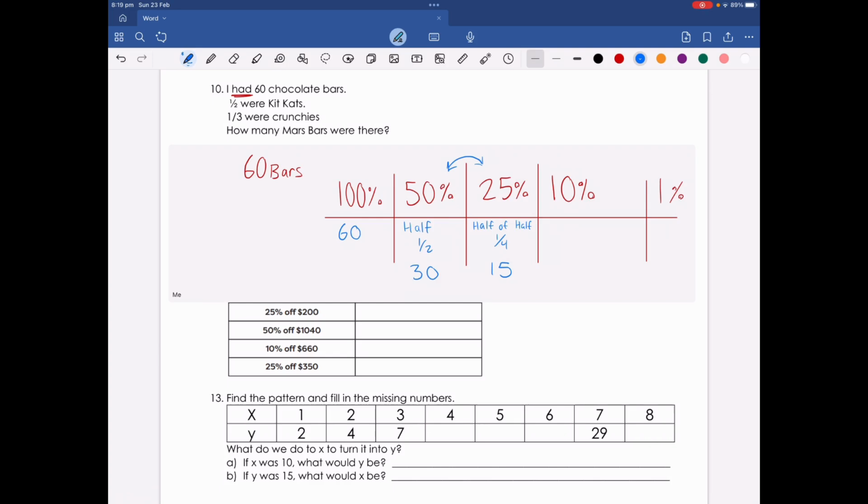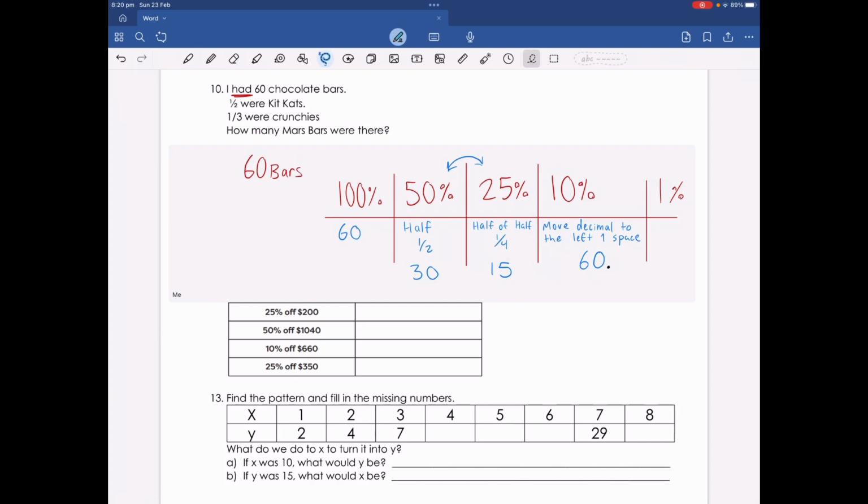Now, what's 10%? The way we work out 10% is we move the decimal to the left one space. So what does that mean? We take our numeral 60, and the decimal starts out just here, doesn't it?